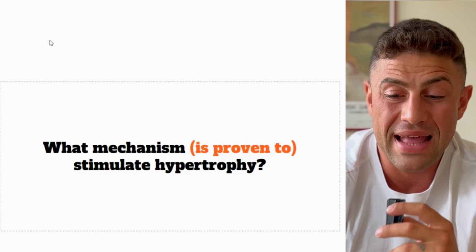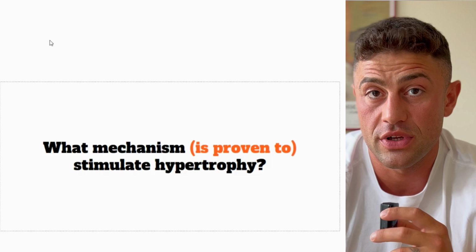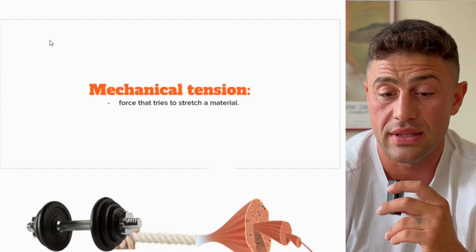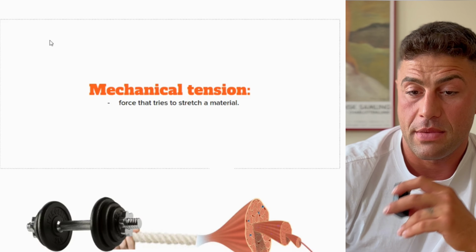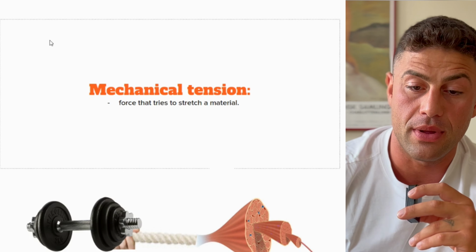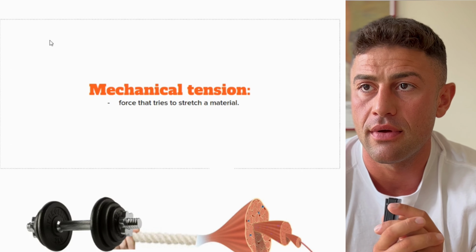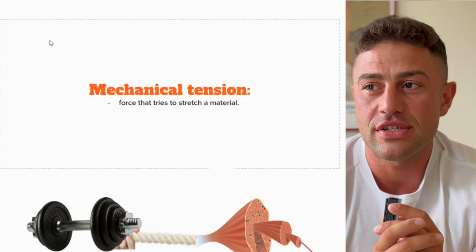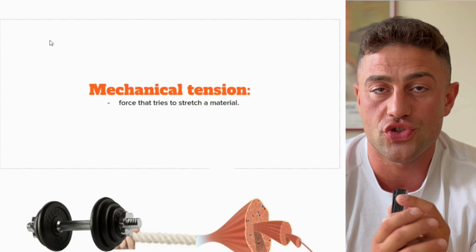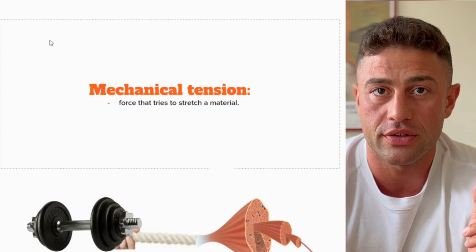So what mechanisms are proven to stimulate hypertrophy? Well, let's take a look at it. Mechanical tension. I have heard the term mechanical tension, and to make it more understandable, just think about the force that is trying to pull something apart.